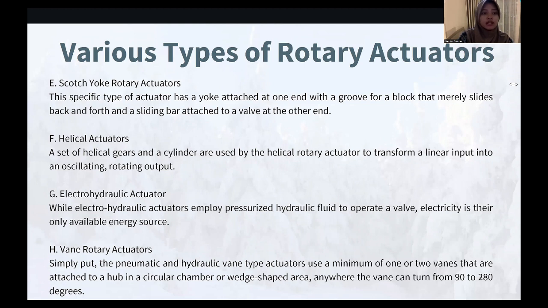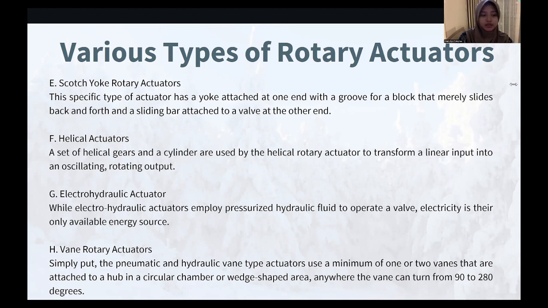A set of helical gears and a cylinder are used by the helical rotary actuator to transform a linear input into an oscillating rotating output. Electrohydraulic actuator. While electrohydraulic actuators employ pressurized hydraulic fluid to operate a valve, electricity is their only available energy source.